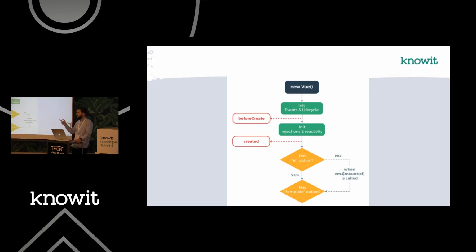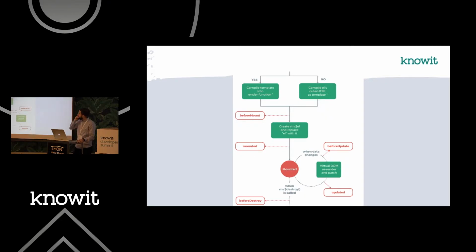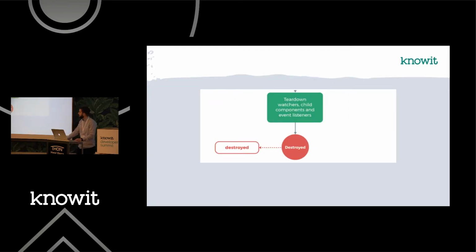It checks if it has an el option, which is the element the view looks for in your HTML, so that it can inject into it. Then we can go down here. It checks if it has a template, and if it has, it makes a render function. If it doesn't, it just compiles the outer HTML as a template. Then on mounted, everything is done. So it has the auto-run loop, which checks everything beforeUpdate, and if it's updated, then re-renders the virtual DOM. And in the end, if you want to destroy it, it also has a destroyed lifecycle hook.